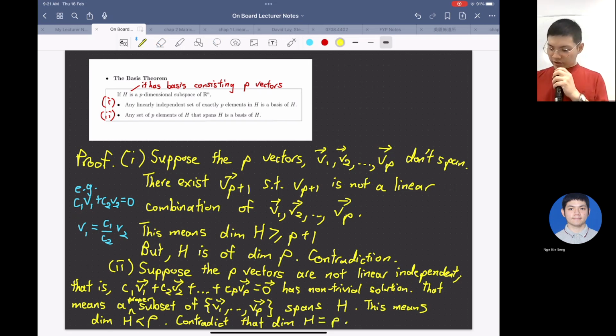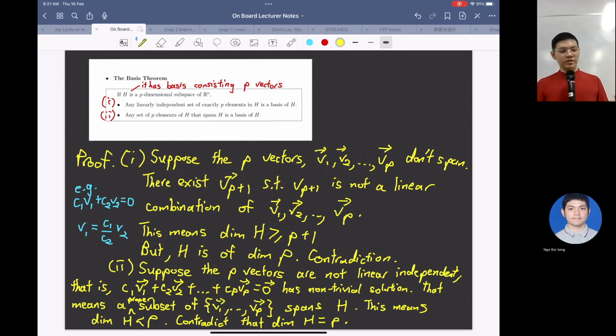Okay, so why is this theorem kind of important? Because if I hand you a subspace, you try to find a basis.